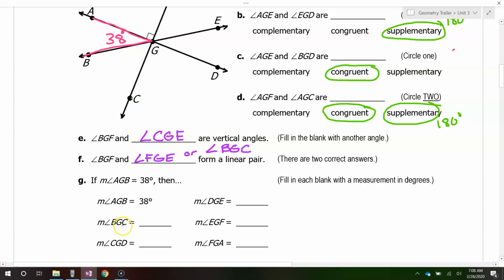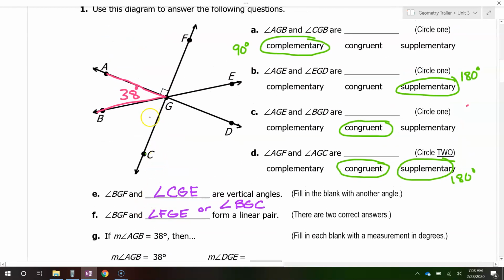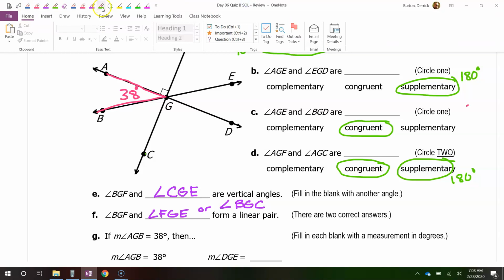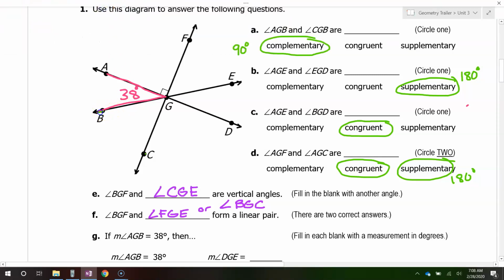Okay, so how about angle BGC? Can we find that? All right, so angle BGC is this angle right here.